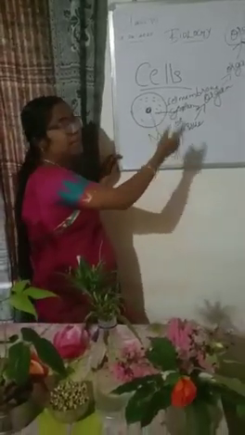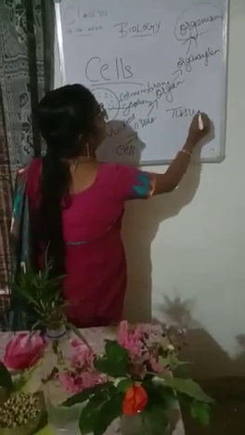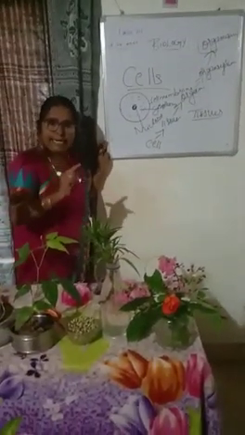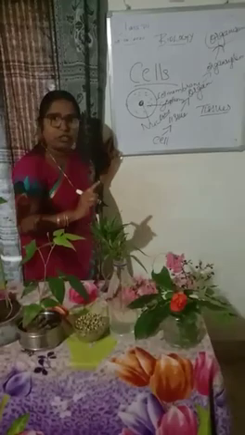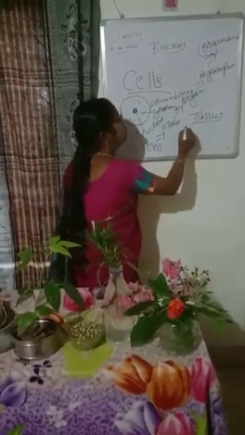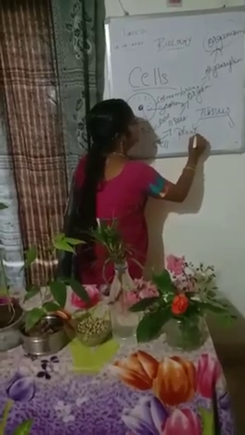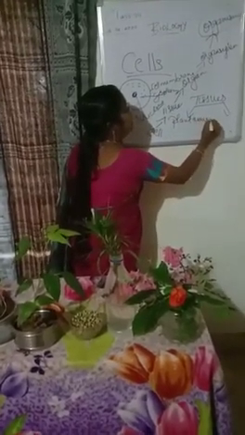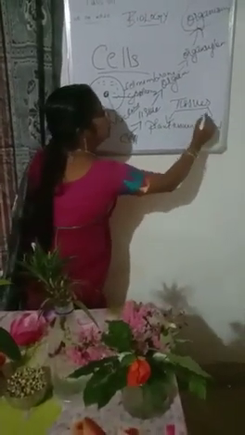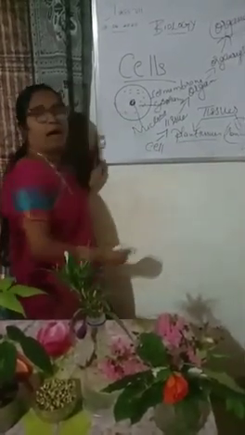Now let us go back to the tissues. Our topic, tissues. What are tissues? A group of cells performing specific functions are known as tissues. Tissues can be broadly divided into two. What are they? Plant tissues and animal tissues. Animal tissues we will learn in the next class. Now let us learn something about plant tissues.